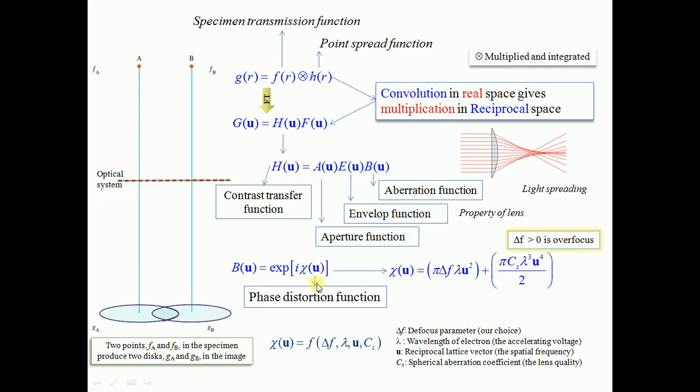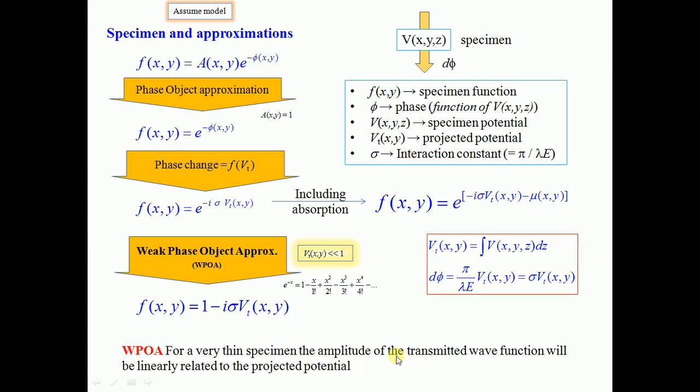So chi depends on these parameters, and these parameters control chi, chi controls B, and B defines H. Means the final image in the HRTEM is controlled by the defocus parameter, wavelength, reciprocal lattice vector, and spherical aberration. So we will discuss this at length in the later part.